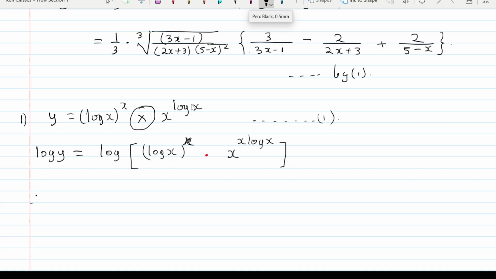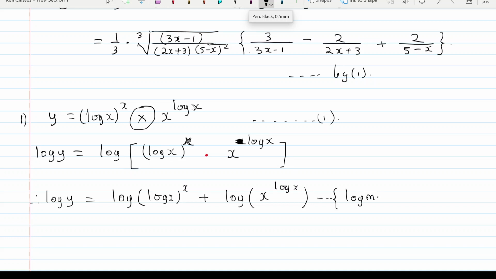Okay. Now what is the rule? Use laws of logarithms. Correct? Step 2. So this is log mn. So it will be log of log x raised to x plus log of x raised to, is this x log x? No, wait. This is x raised to only log x. So this is not x. So x raised to log x. Okay. And the rule for this is log mn is log m plus log n.